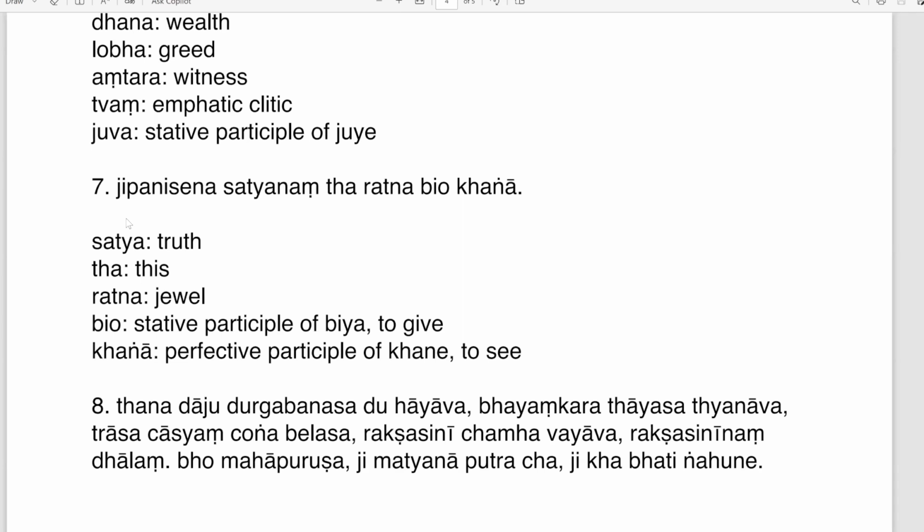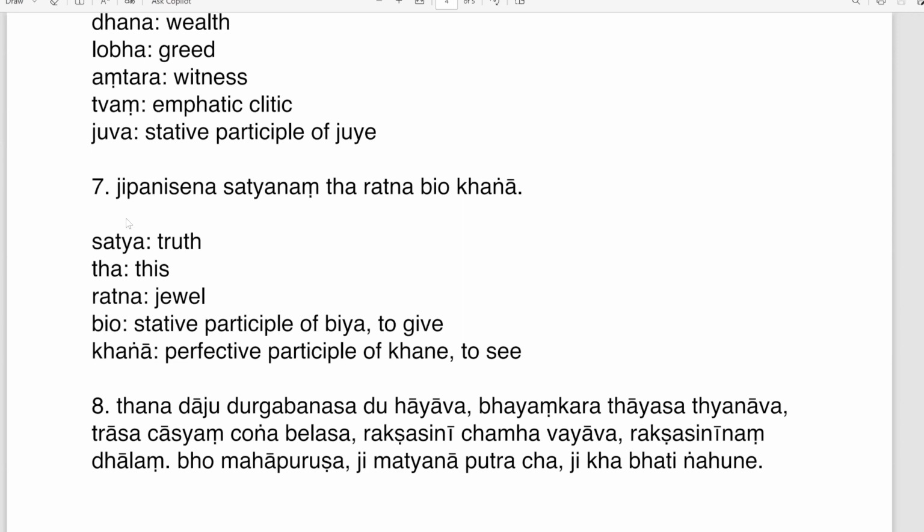The truth would not do something. Actually noun here is more like adverbial, so like truly. Okay, so we truly see what is given to this jewel. And then Paratna is this jewel. And then Bio is the dative participle.